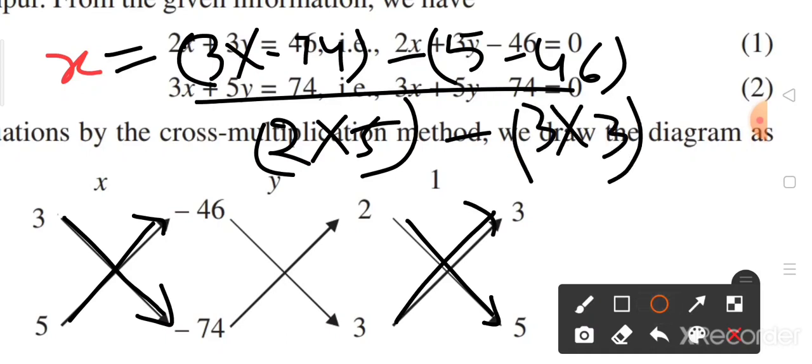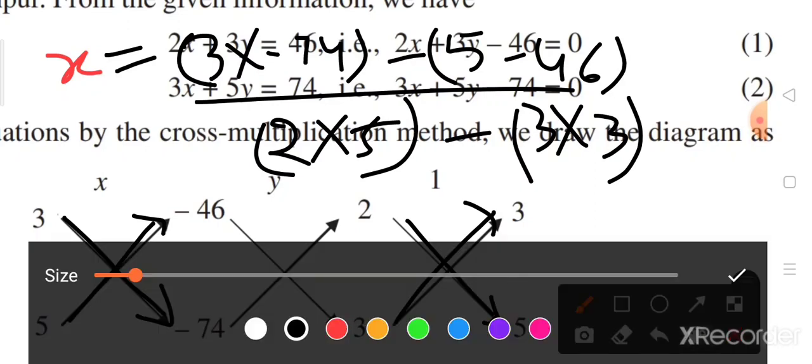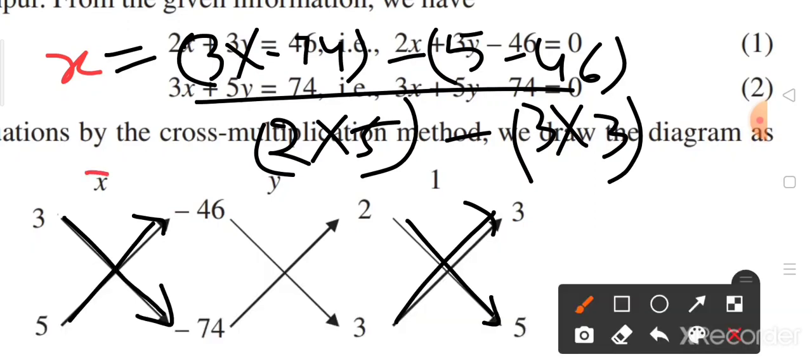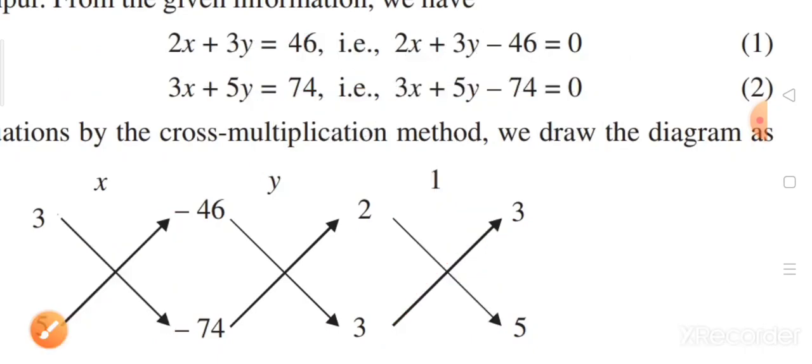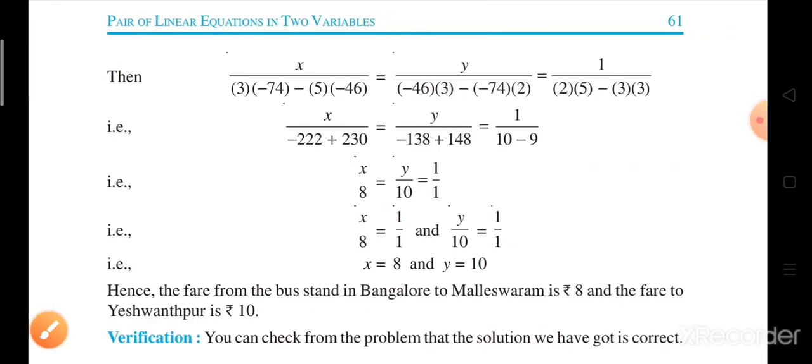I am again telling you, to find x, we take 3 into minus 74, minus 5 into minus 46. Then the denominator part, 2 into 5 minus 3 into 3. Let us see how it has been done.